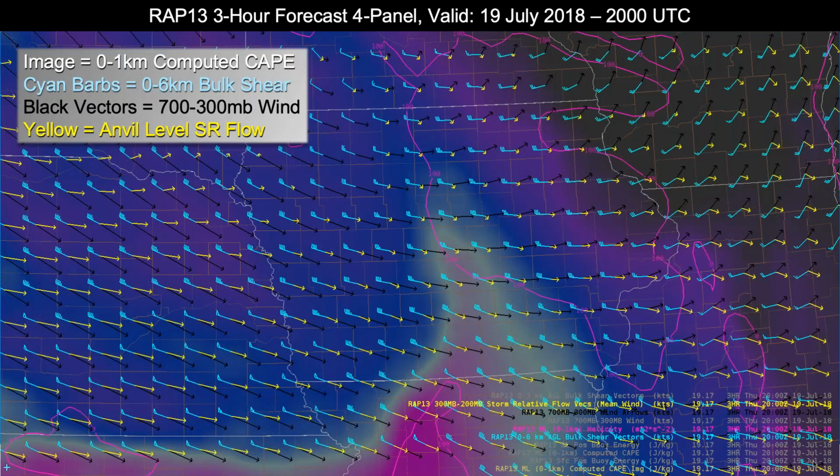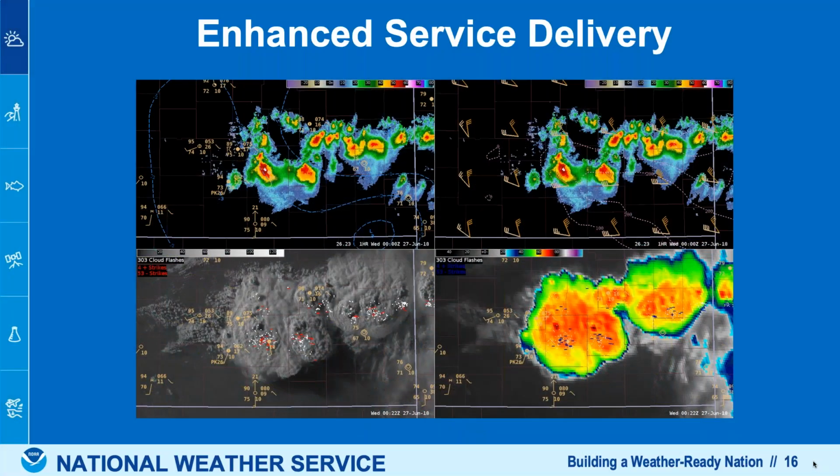Moreover, the presence of strong 0 to 1 kilometer helicity, which is shown in the magenta contours, which was previously implied by those crisscrossing billow clouds, suggests an elevated potential for tornadic supercells. And that potential did in fact come to pass with the formation of 2 EF3 tornadoes in south central Iowa.